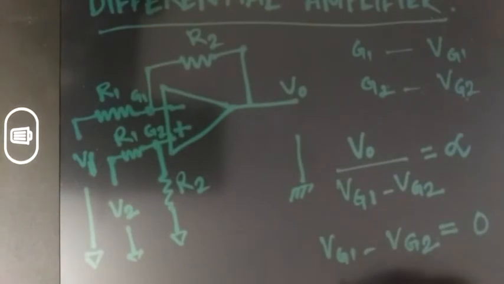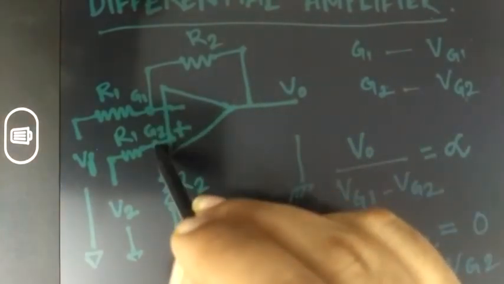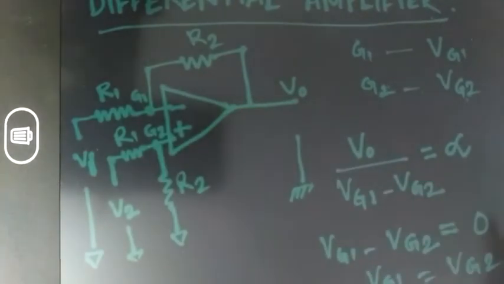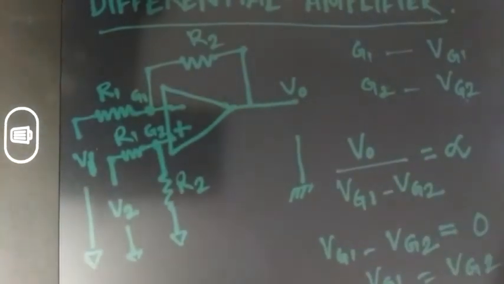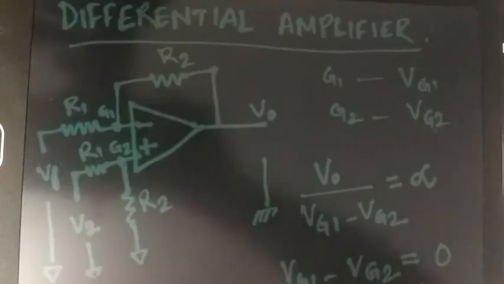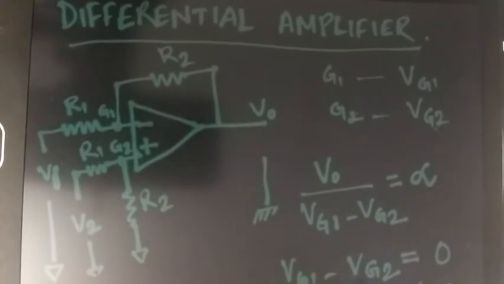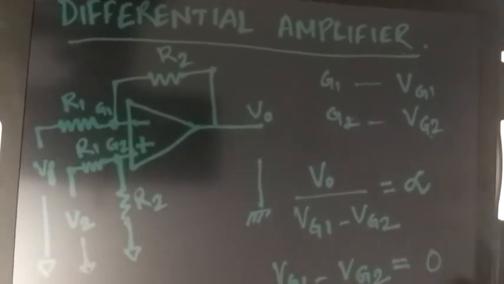That is, VG1 is equal to VG2. I hope this is clear. So the potentials of the points G1 and G2 will be the same, so let us consider them to be V.